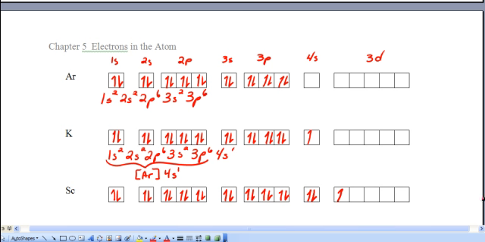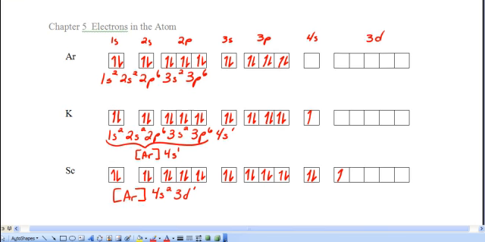I'm going to shorthand this now. It has an argon core. The first 18 electrons look just like argon. 1s2, 2s2, 2p6, 3s2, 3p6, and now 4s2, 3d1 configuration.